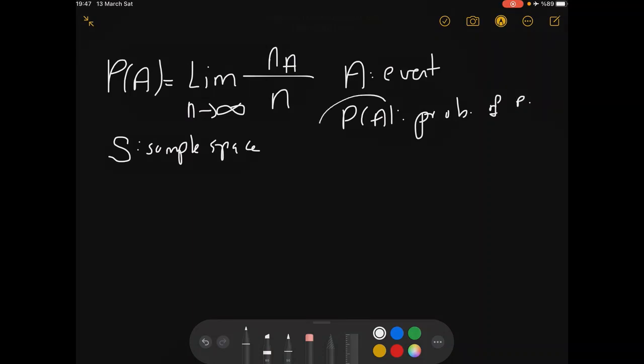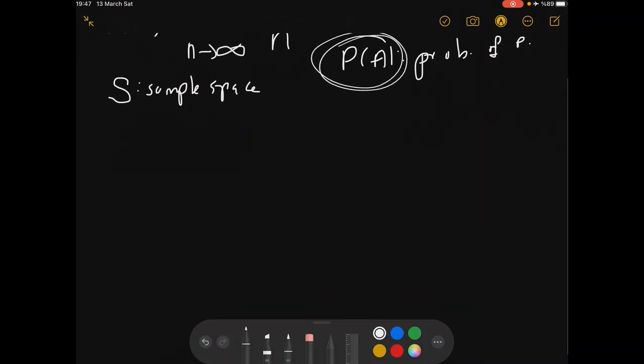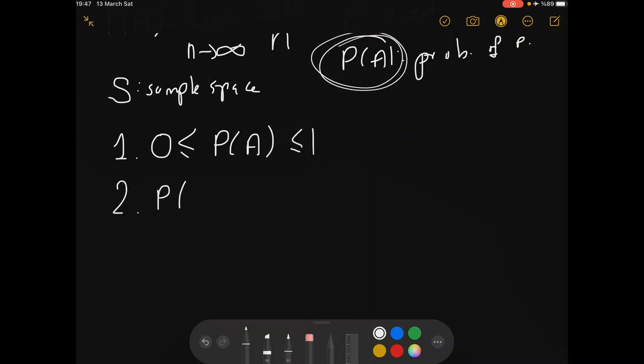Like we're talking about the properties of P(A) here, and it would be something between 0 and 1, and the probability of your sample space is 1 because it's your sample space.